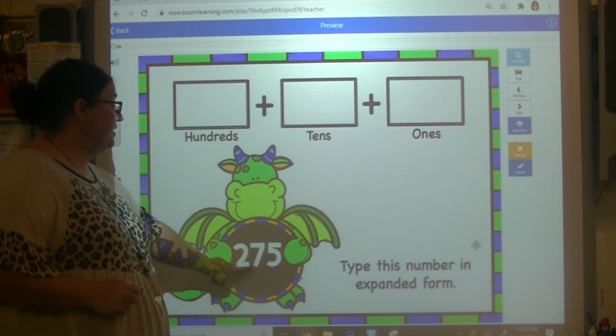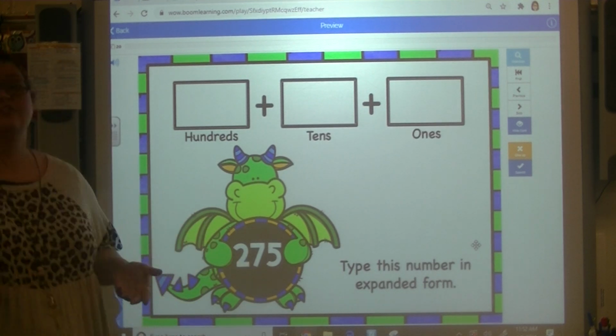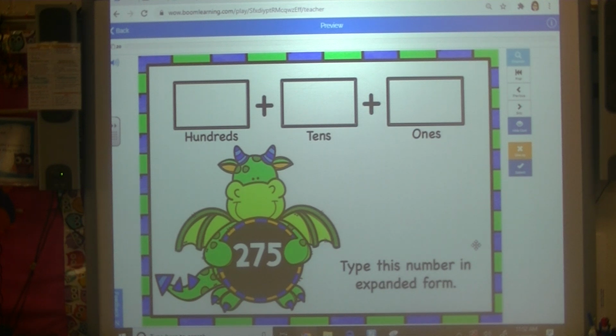So we have 275. And 275, boys and girls, how many hundreds? 200 plus 7 tens is 70 plus 5 ones is 5.